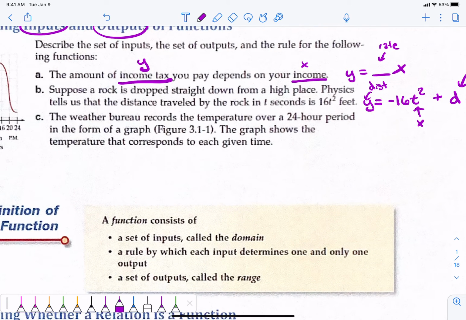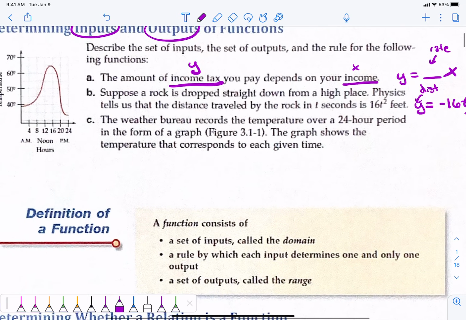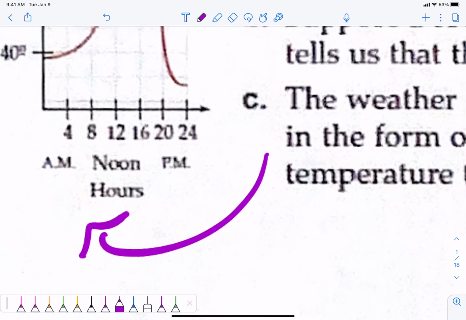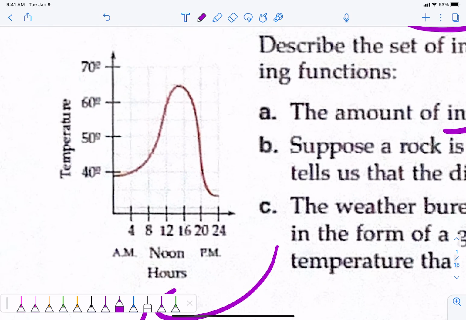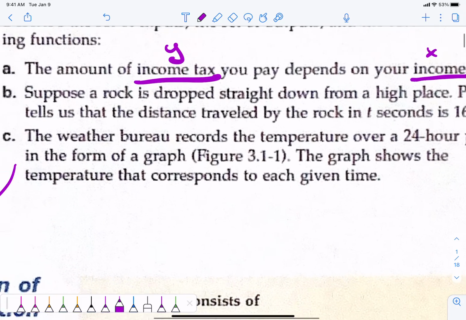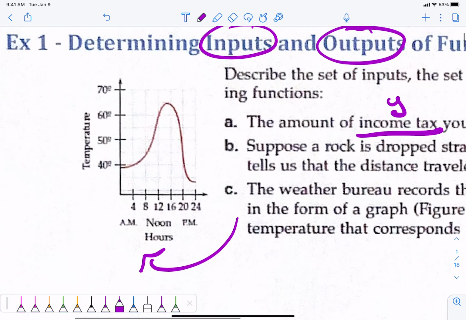Part C, the Weather Bureau records, I think part C is referring to this diagram over here. The Weather Bureau records the temperature over a 24-hour period. Note that they have listed it in military time, so they're going 0 to 24. The graph shows the temperature that corresponds to each given time.